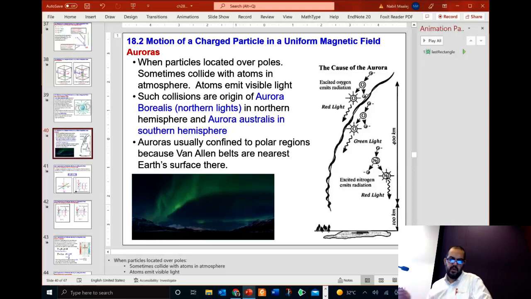So that's why we see basically a spectrum of light: green, blue, and red. A very beautiful northern light. In the northern pole, they are called the aurora borealis, and in the southern pole they are called the aurora australis. These are, I guess, the Latin words for the northern and southern lights.